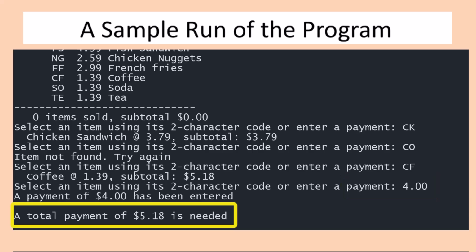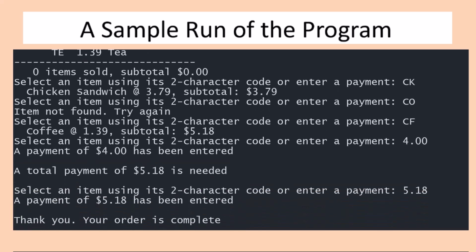The program then displays, "A total payment of $5.18 is needed." When $5.18 is entered, the message, "Thank you, your order is complete," is displayed. The transaction ends and the program is ready for another customer.